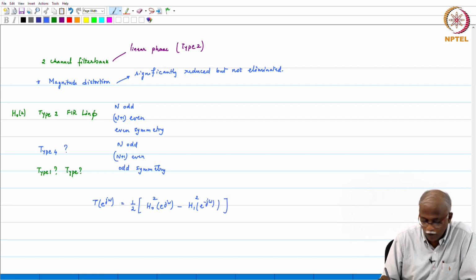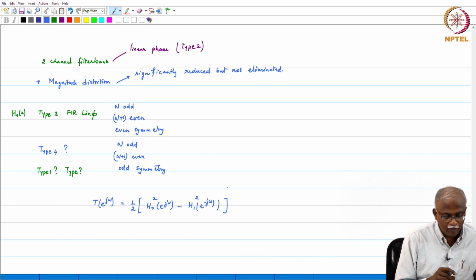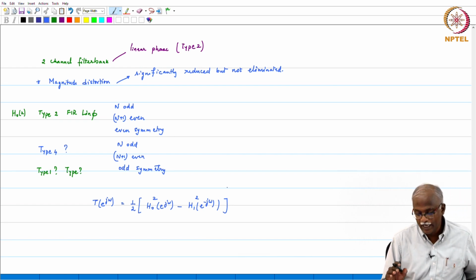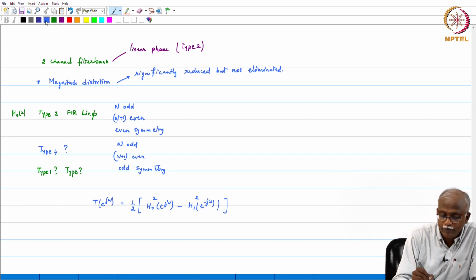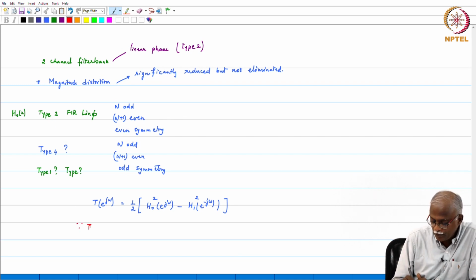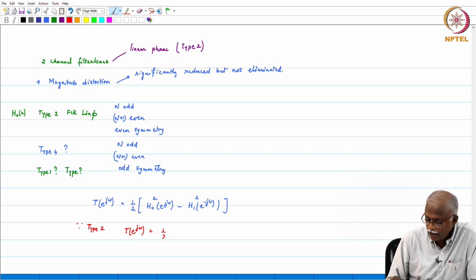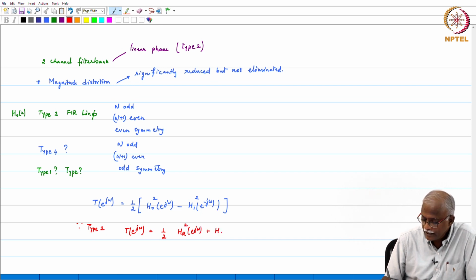Okay, so this overall expression is very important for us to keep in mind, because this we simplified and then obtained it because of type 2 assumption. Because of type 2, we got it of the form T of e to the j omega is equal to 1/2 of HR e to the j omega squared plus HR of e to the j omega minus pi whole squared.